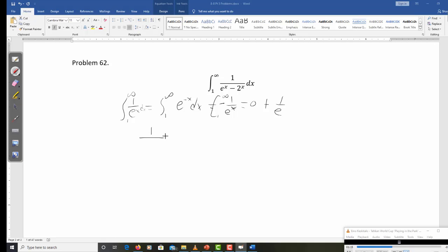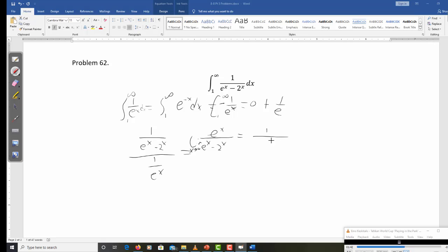So if we do 1 over e to the x over 1 over e to the x minus 2 to the x, this is going to be e to the x over e to the x minus 2 to the x. And if we do a little bit of work here, I can divide top and bottom by e to the x.